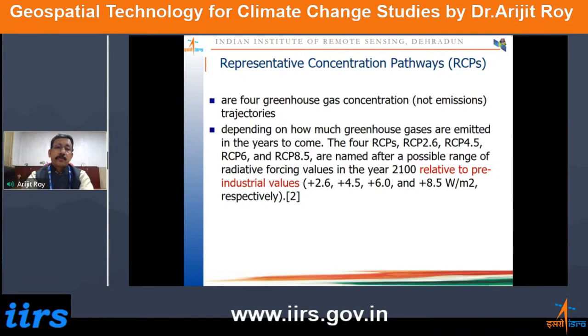And in the assessment report 5, they have basically considered the representative concentration pathway and their changes. So there were 4 greenhouse gas concentration trajectories which were identified in assessment report 5.